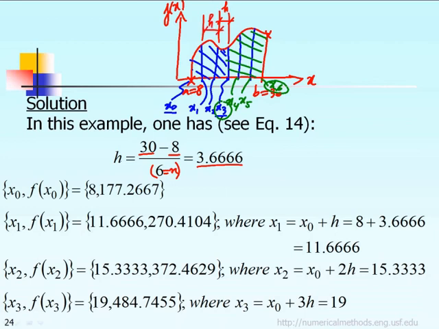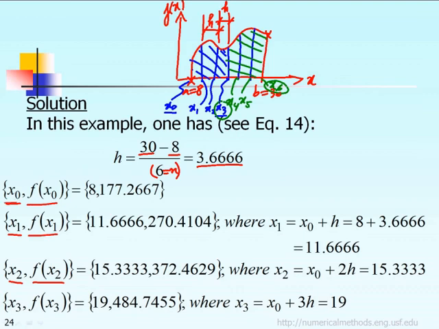The next thing we want to calculate is x0, x1, x2, all the way up to x6, and the corresponding function values f at x0, f at x1, f at x2, all the way to f of x6.